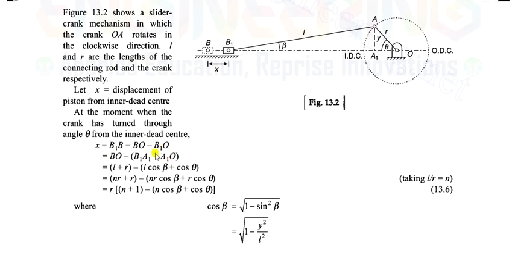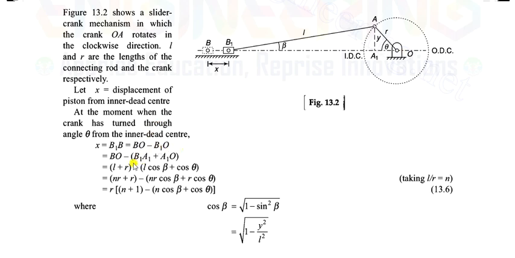Okay, now again B1O, for this particular position, if I draw this line, means an intersection of this A point, this is A1. So now this OB1, or B1O, we can write summation of B1A1 plus A1O.